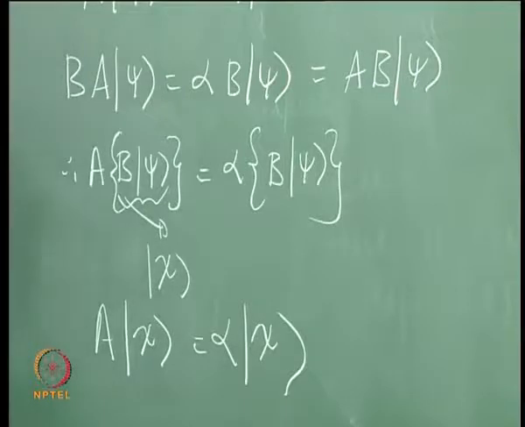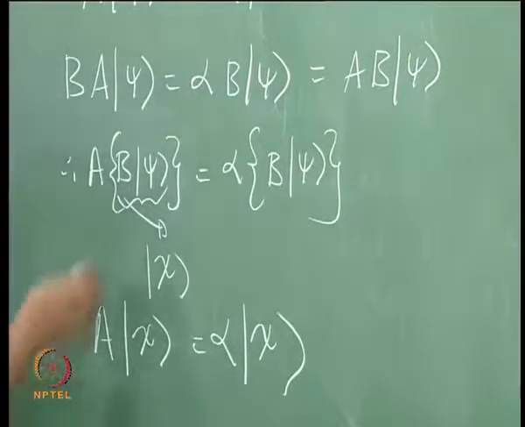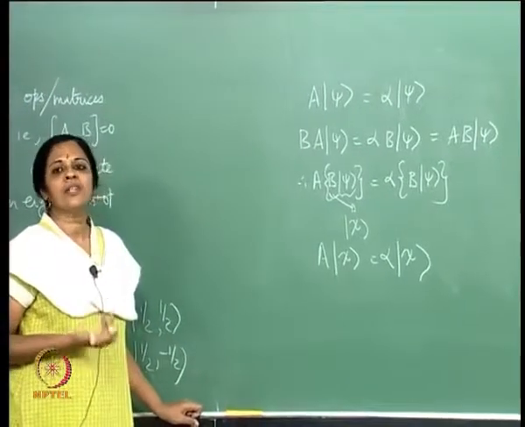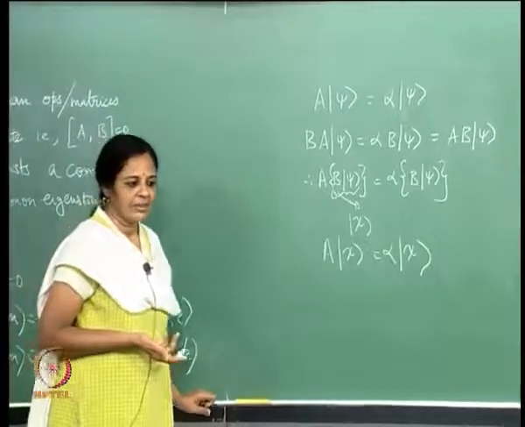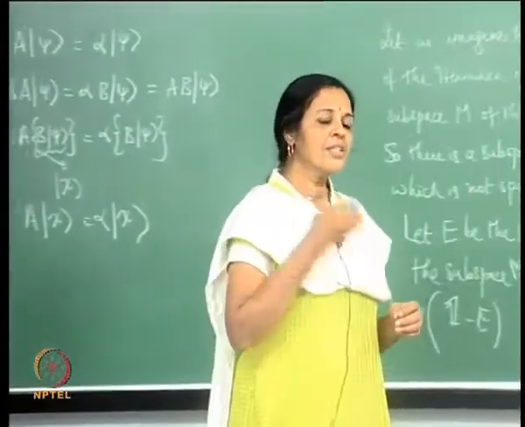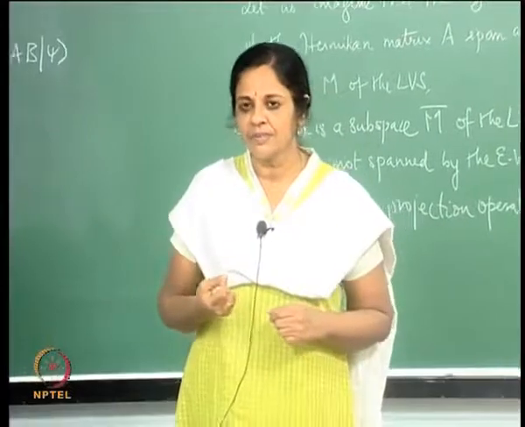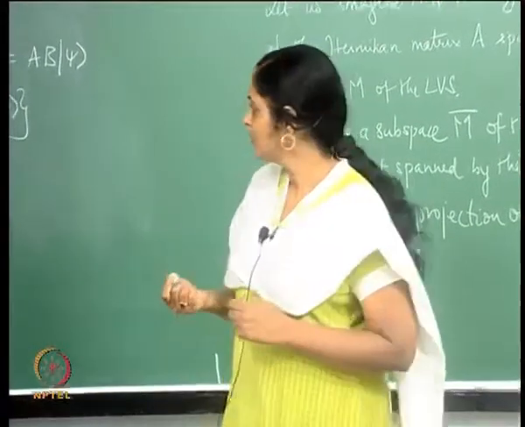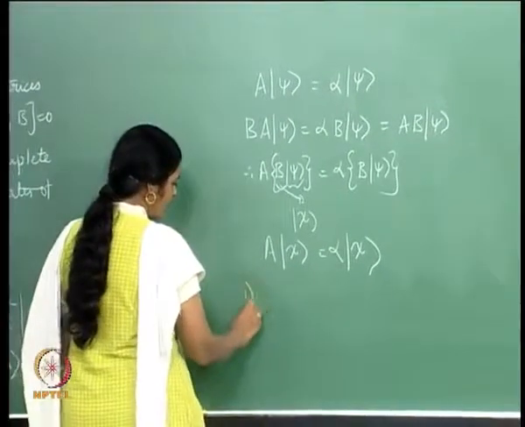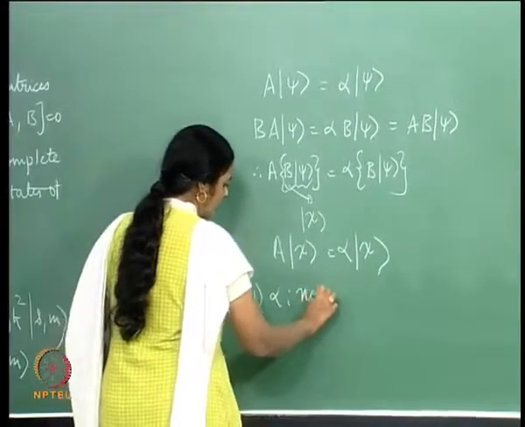This means the following. There are many cases here. The first case is alpha is non-degenerate. Non-degenerate eigenvalue means that there is exactly one eigenvector corresponding to that eigenvalue.